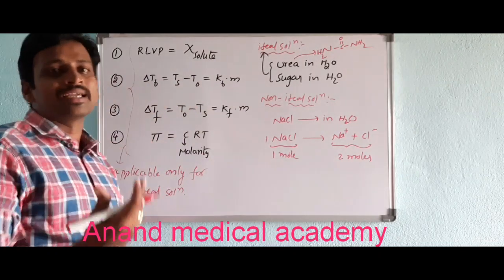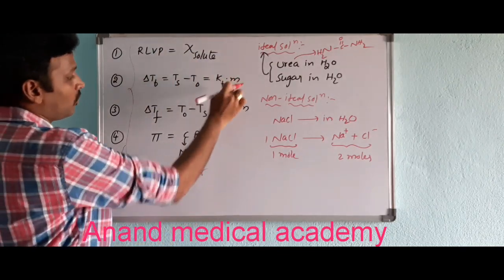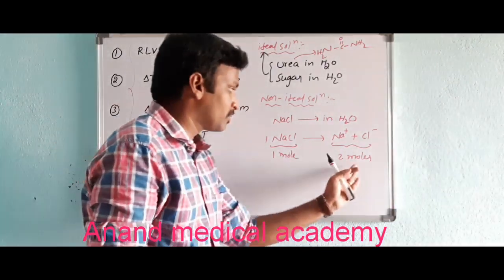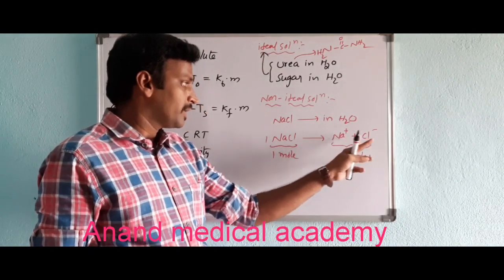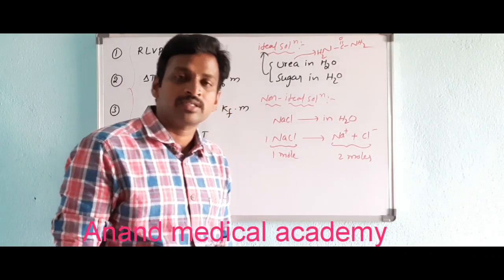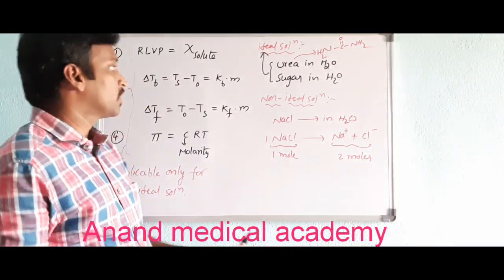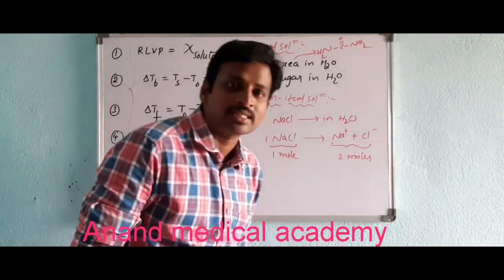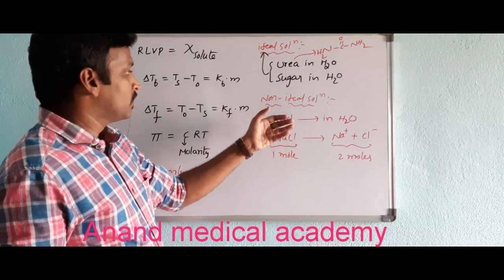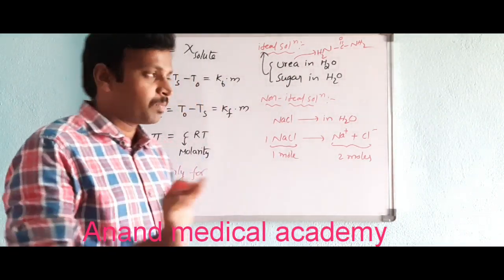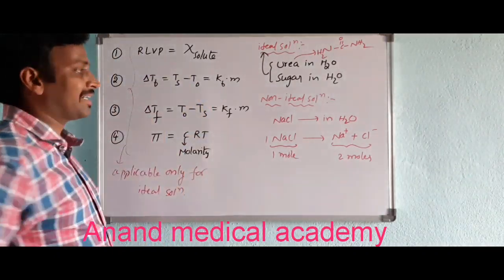The number of particles is increasing, so the mole fraction or molarity will increase because the number of particles increases. 1 mole of Na+, 1 mole of Cl−, total 2 moles of ions. So if the number of particles increases, then we have to consider it a non-ideal solution. So for non-ideal solutions, we cannot apply these four colligative properties directly.